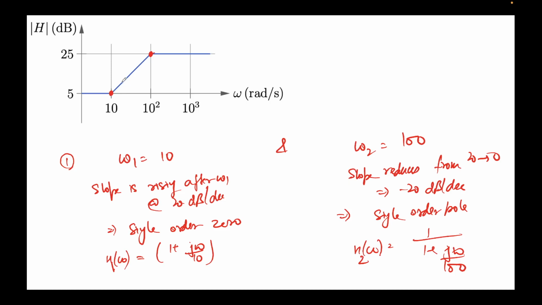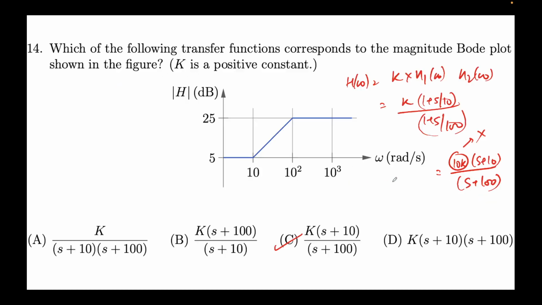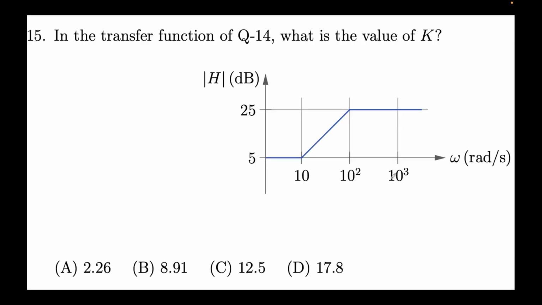If the slope is rising from there, this means it's a zero. If the slope is reducing, it's a pole. And also note the value. If the slope changes by plus 20, because 25 minus 5, this means a single order. Again, 20 to 0 means a single order pole. So these are the things you need to take care of.